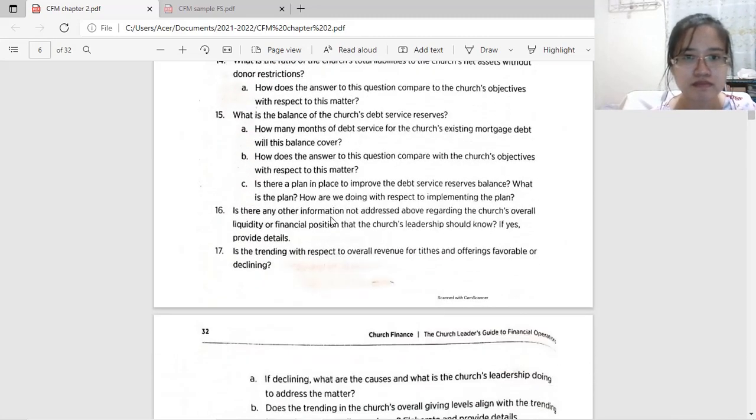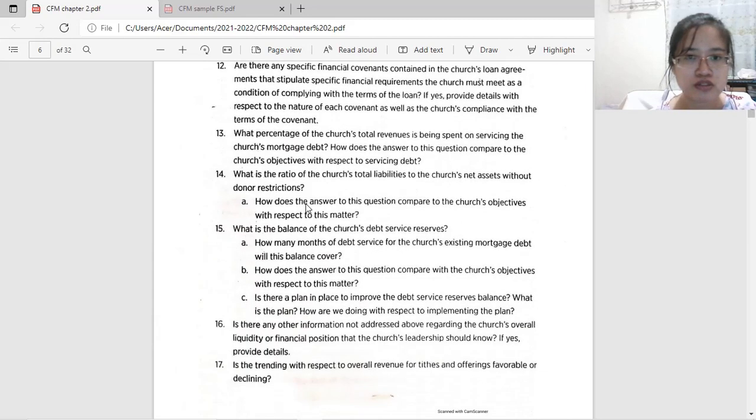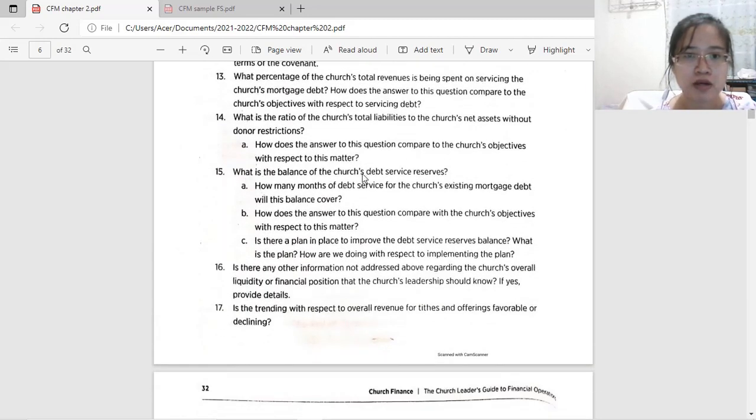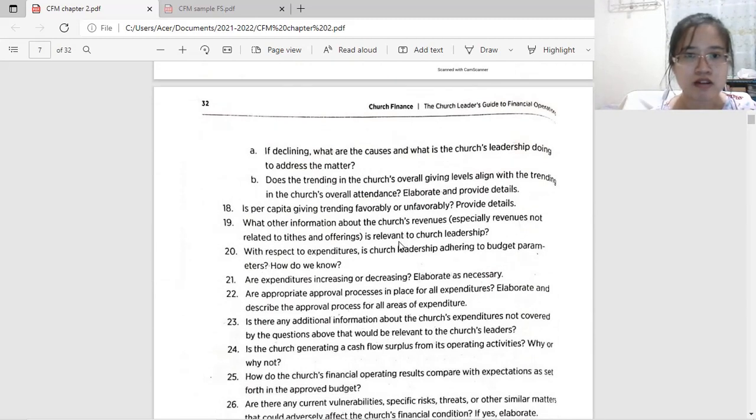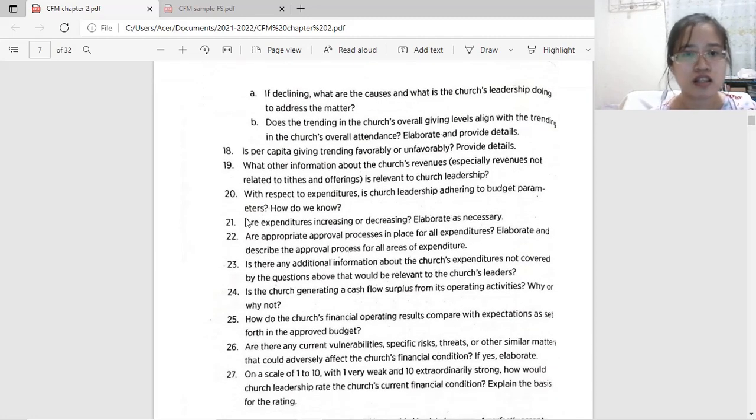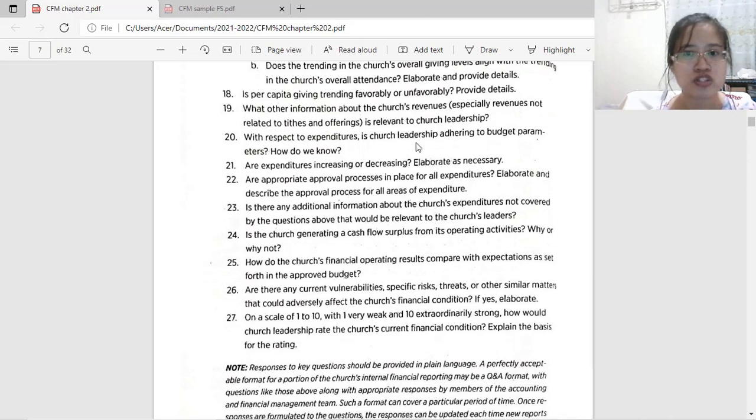Okay, and then you have other concerns here about the debt or borrowings. You have per capita giving. How much is the giving on average by one person? And then expenditures. Do we comply with the budget, or have we been recalibrating the budgets often, reallocating the budgets from one item to another?